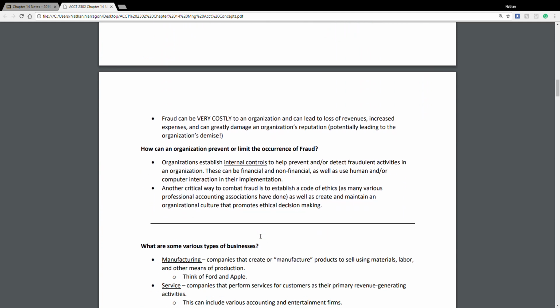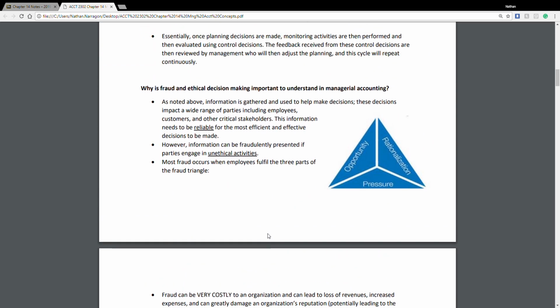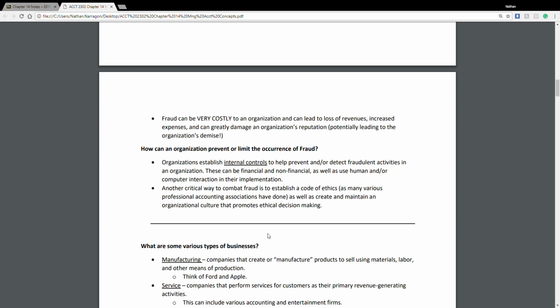Problem with fraud. So, fraud, they hurt. So, basically, with a lot of this unethical stuff, it hurts the organization a lot more, and it can be very, very costly to any organization.